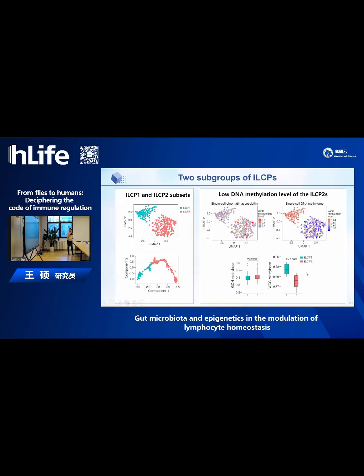Then we analyzed the heterogeneity of the ILC precursors. At the transcription level, we can distinguish the ILC precursors into two subsets, which we call ILCP1 and ILCP2. ILCP1 has higher levels of DNA methylation than ILCP2.